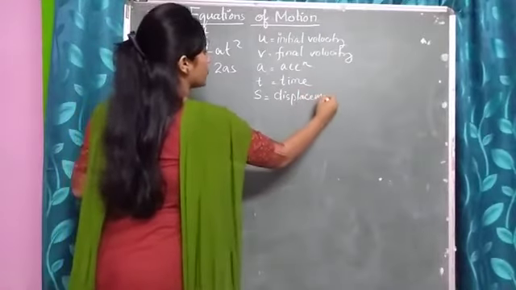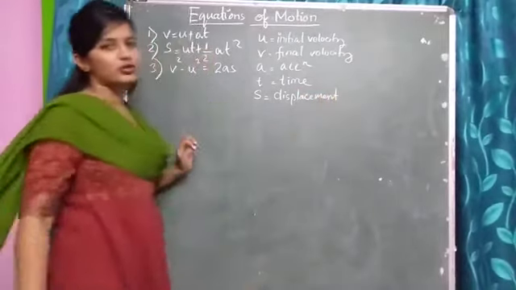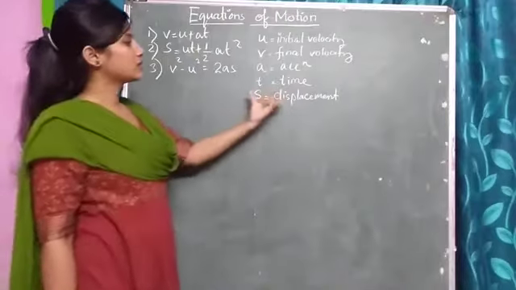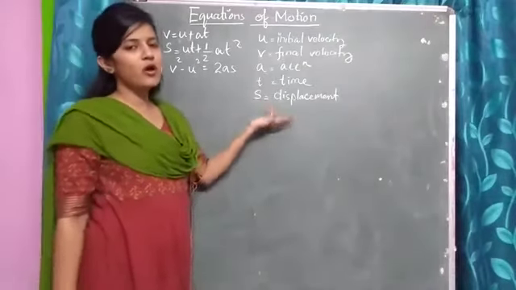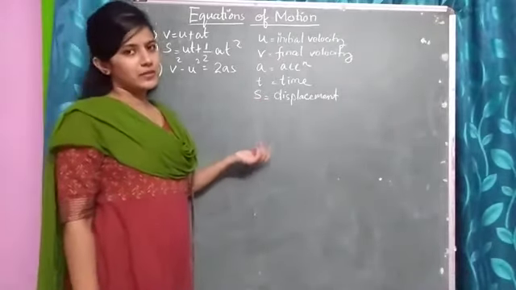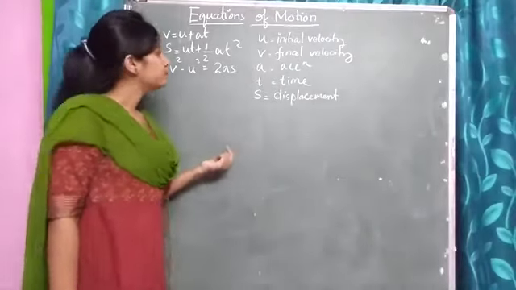Since we are going for straight line motion, we can say that S may represent displacement, or we can say that it is representing the speed.